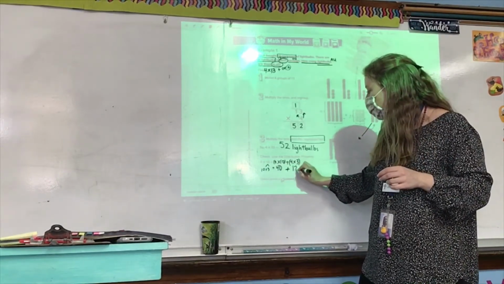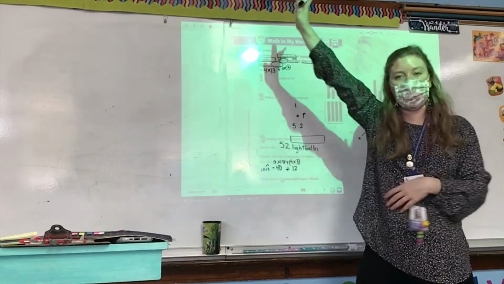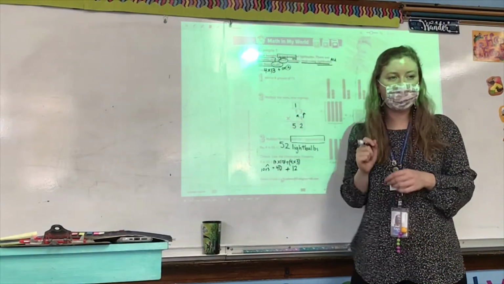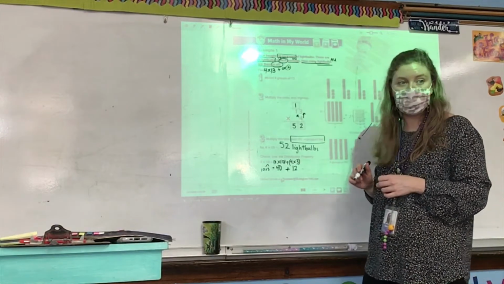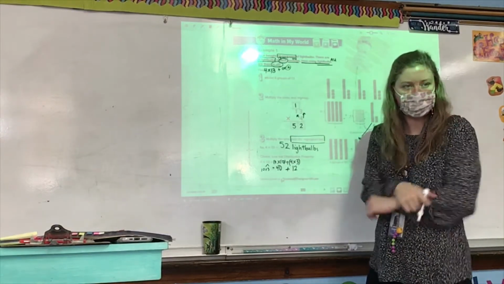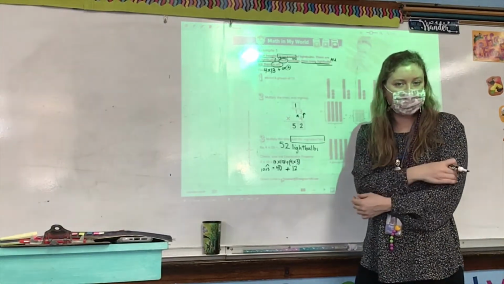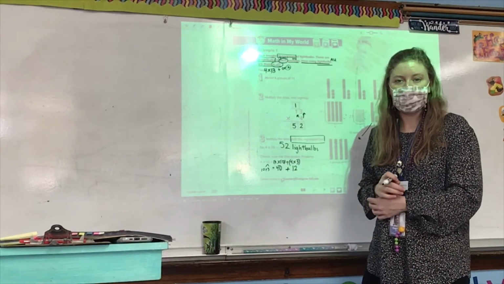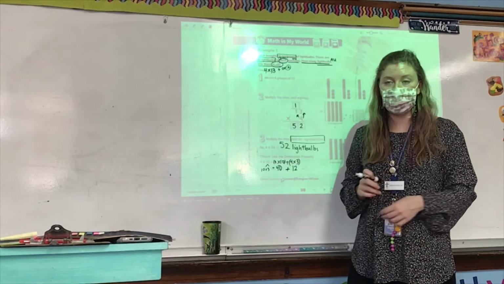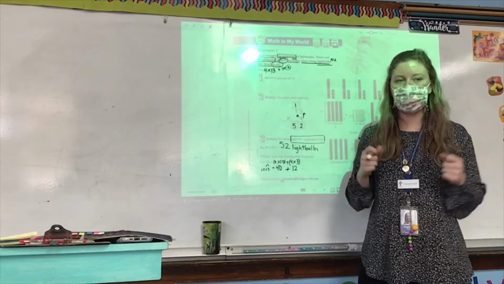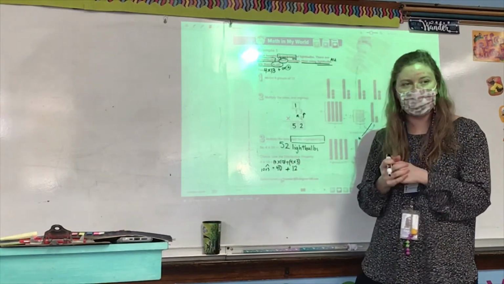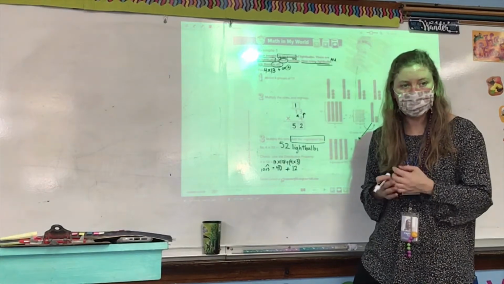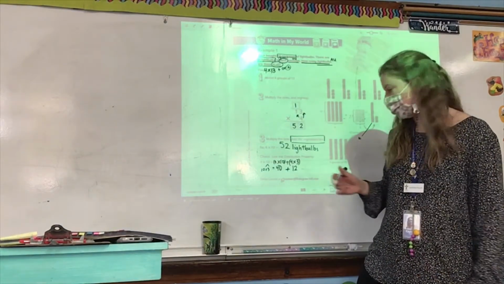Which equals? 12. Now what do we do? Colin, add them up. What is the math way of saying that? Add the partial products. Make sure you know the math way of saying it. So if we add the partial products, what are we adding, Cullen? 40 plus 12.